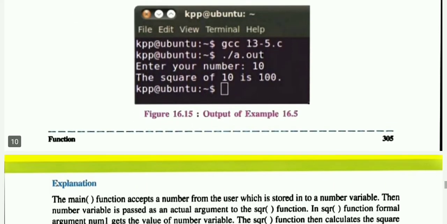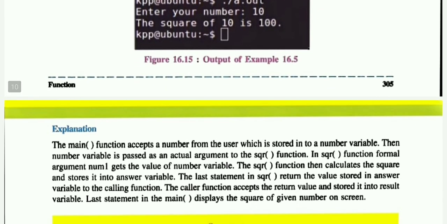Now we will read the explanation. The main function accepts the number from the user, which is stored in the number variable. Then the number variable is passed as an actual argument to the square function. In the square function, the formal argument num1 gets the value of the number variable.